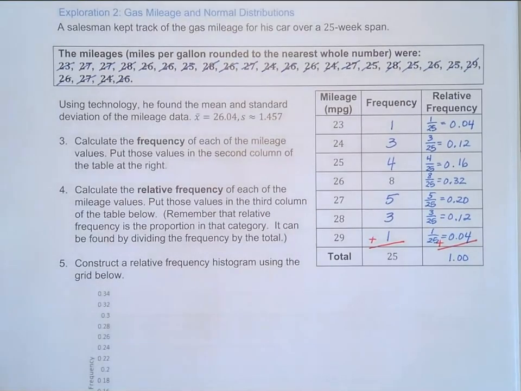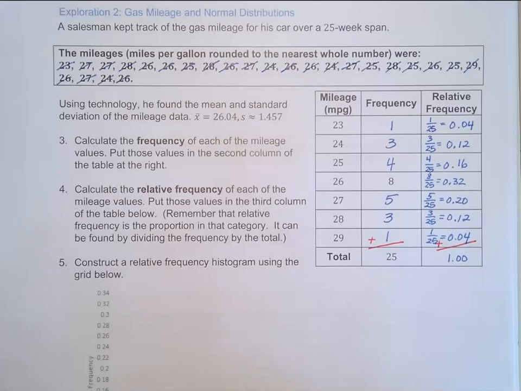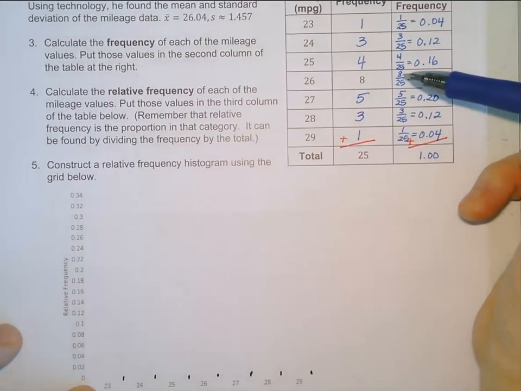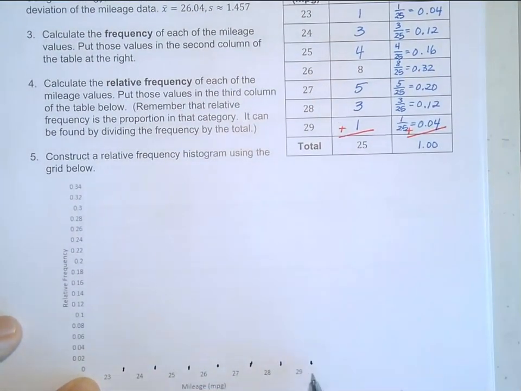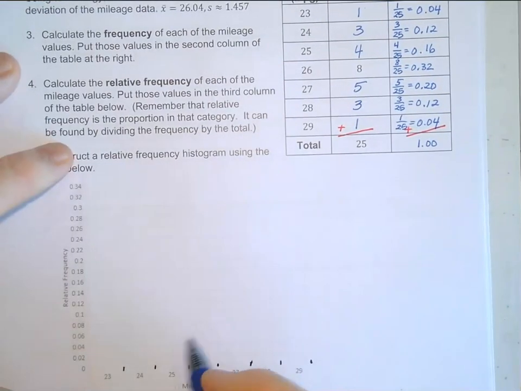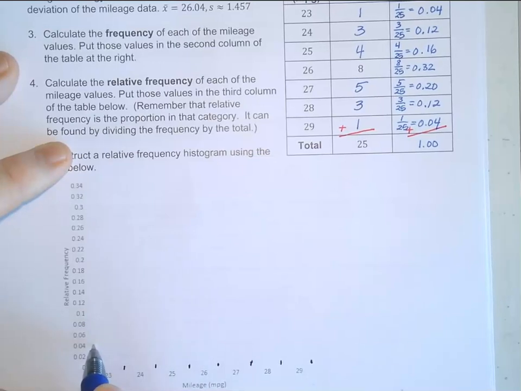Okay. So here's my first one. We know that for 23, 23 was 0.04. So you can see 0.04 is right here. I just drew these little tick marks to help me.